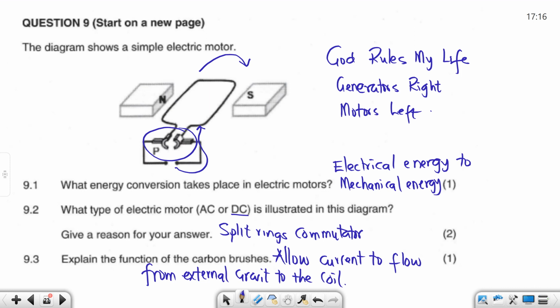Now, I don't know the current yet, but the field is my second finger. I am pointing to the south. Automatically, when I open my second finger, current is coming out, so current is moving this way.